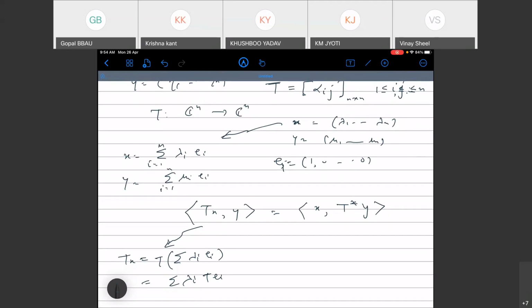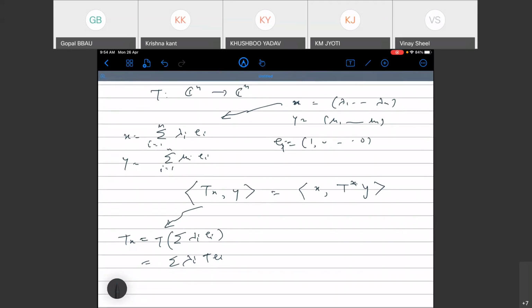Okay, so we can write T. So this is one thing, and from here you have T equal to alpha ij. So what is T ei? This is alpha ij acting at ei, correct?